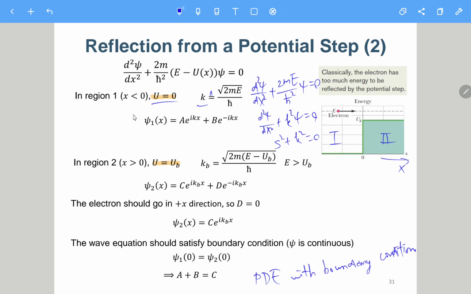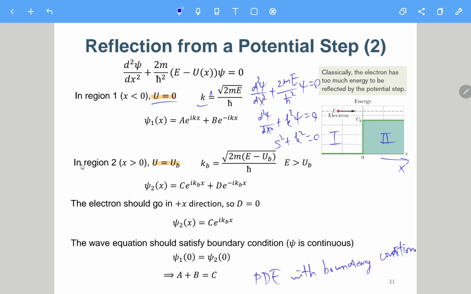This is the solution to the Schrodinger's equation in region 1. And of course, a and b are unknown coefficients we need to determine. We'll determine them a bit later, after we find the solution in region 2, then we will be able to find what a and b are.